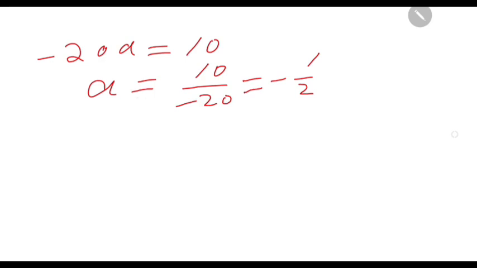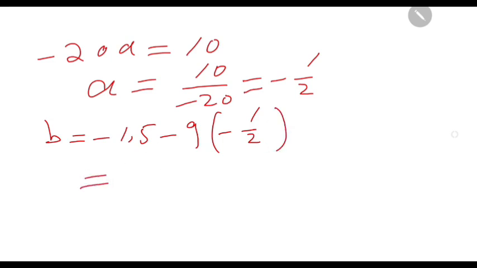So b is equal to -1,5 we found earlier, minus 9, and in place of a I'm going to put -1/2. Solving with the calculator, the answer is 3. So therefore a is equal to -1/2 and the b value is equal to 3. This is my final answer.